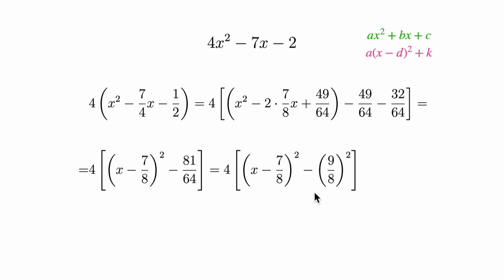And I'm done with my completing the square. Here I have also noticed that this is simply 9 divided by 8 all squared, so I have written this in this way. And here you see, if you compare this to this expression, you see that a is equal to 4, d is equal to 7/8, and k is equal to this number times 4.